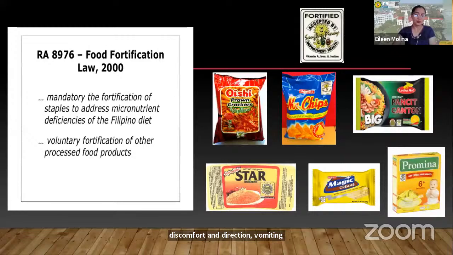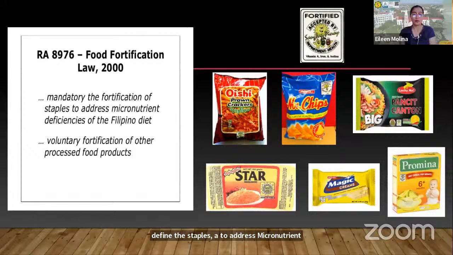This is just to share with you. In the Philippines, we have this statutory law, Republic Act 8976. We call it the food fortification law. It was enacted into law in 2000. There is a requirement, a government mandate, that there is a need to fortify the staples to address micronutrient deficiencies of the Filipino diet.